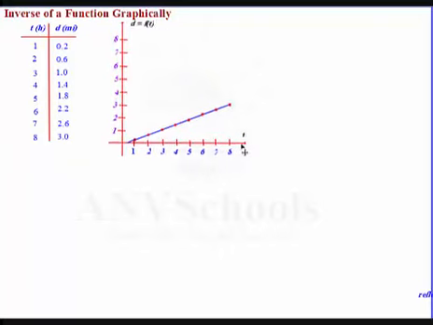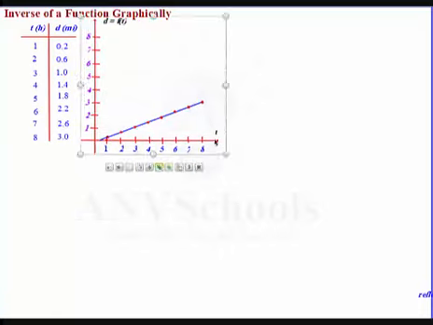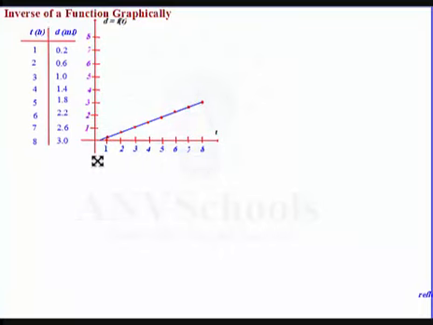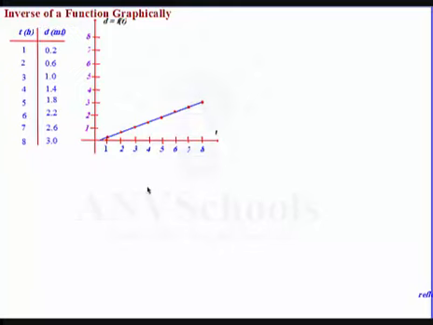Now this is our graph for this table. The corresponding graph is to its right, where we have the points appearing which correspond to the pairs of t and d for the shift. If t is equal to 1 hour, then we have 0.2 miles, corresponding to the point here.